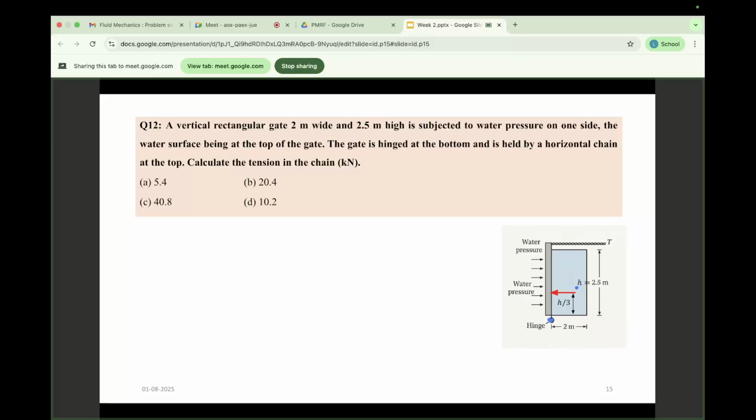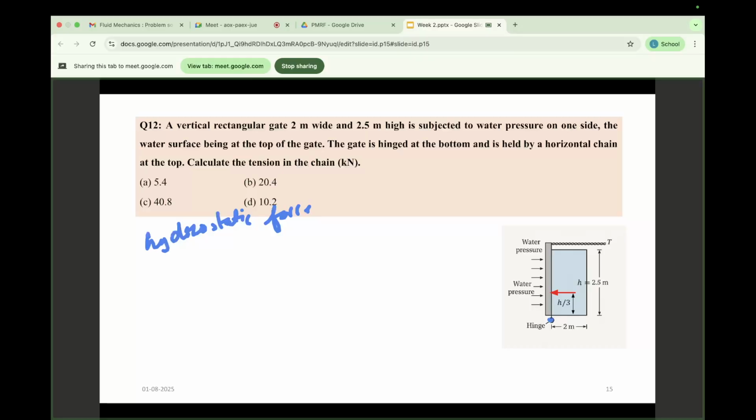So for this what you need to do, as this is water, water will put some pressure here on this gate. So this force is known as hydrostatic force. So what is hydrostatic force?